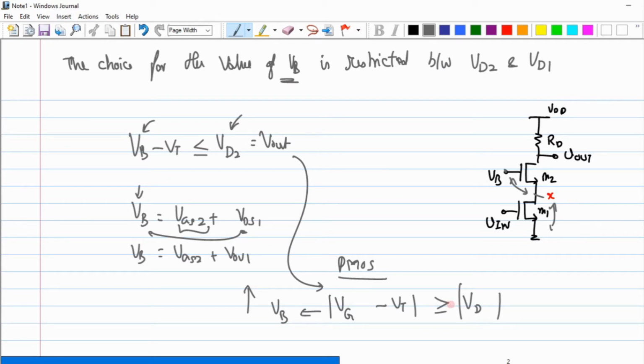Does it make sense? In the previous case, the drain was making my gate potential always smaller for the M2 transistor. But now when I replace this M2 with a PMOS, it poses a different direction. It says that my gate has to be always higher than the value of the drain in order to stay in the saturation regime, the moment I invert one of the transistors from NMOS to PMOS.